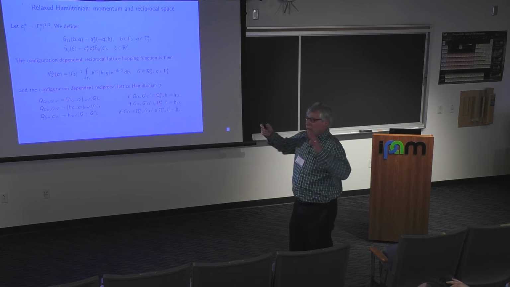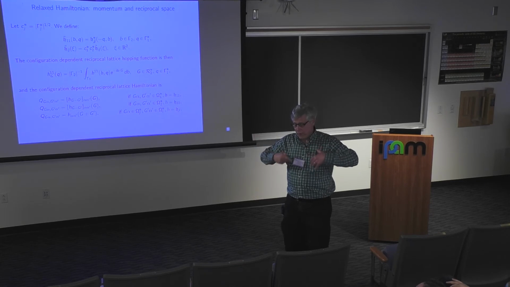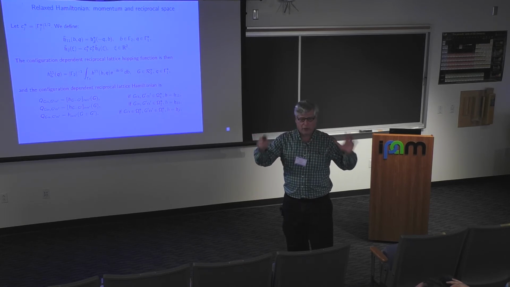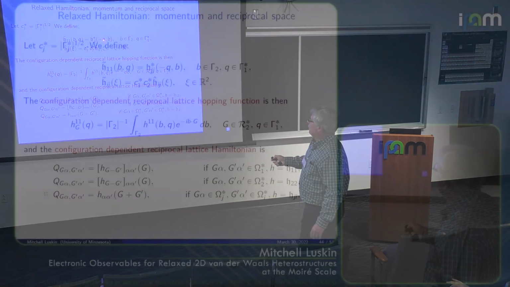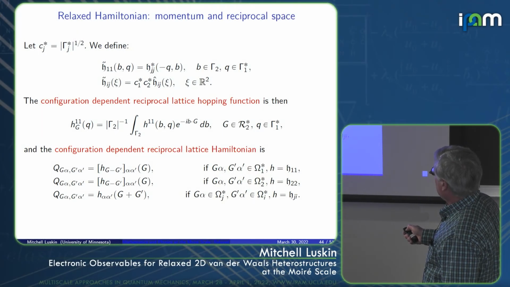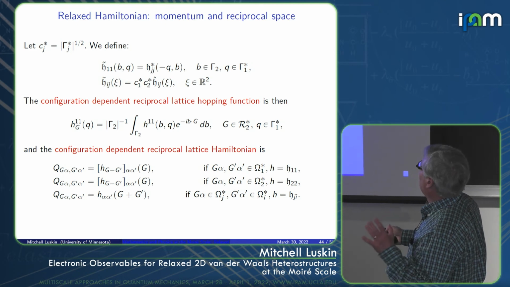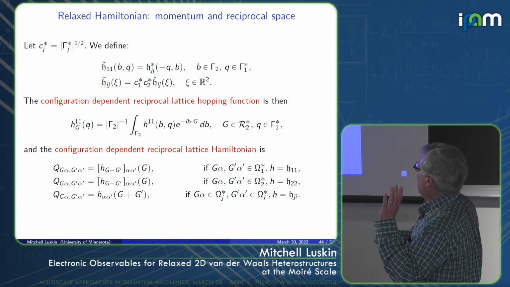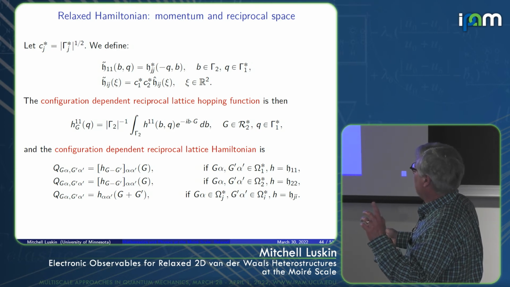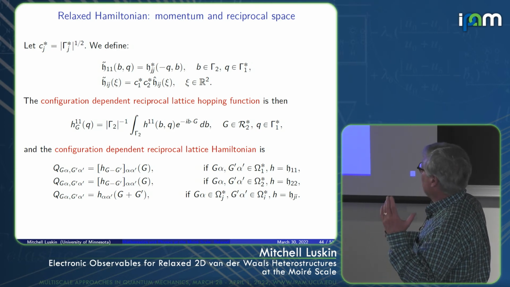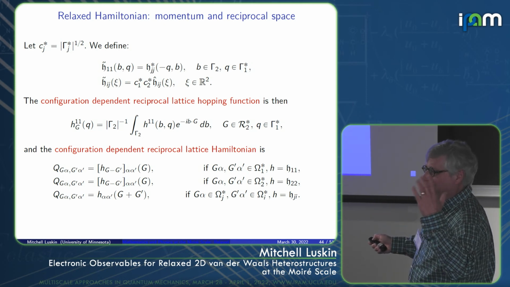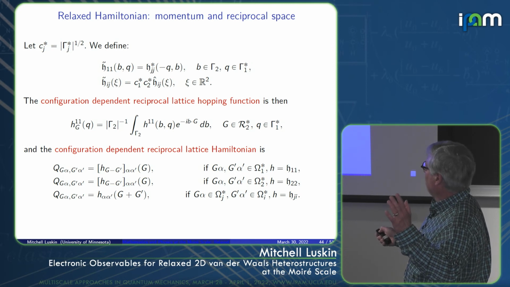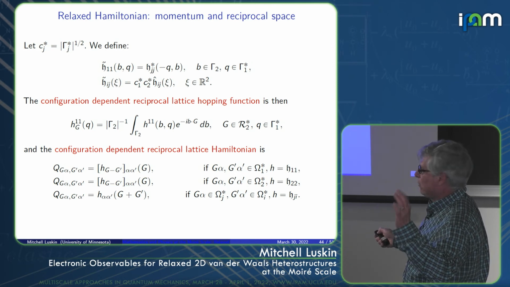Now if I want to transfer all this to momentum space and reciprocal space, this is the duality. It says to get the interlayer terms in momentum space, the Bloch transform depends on B and not Q. The role of the disregistry in momentum space is reversed.